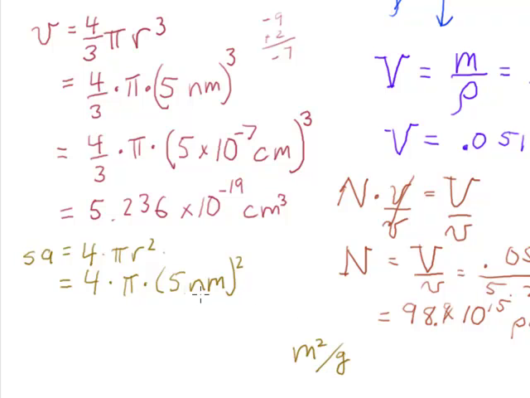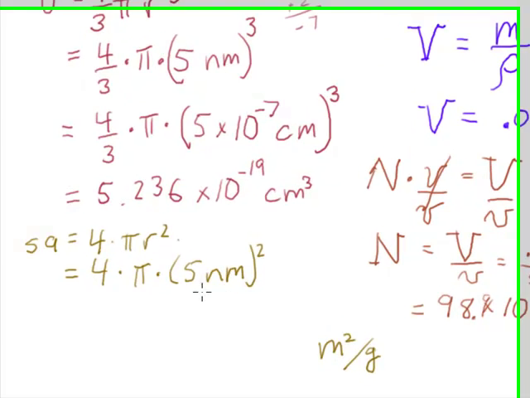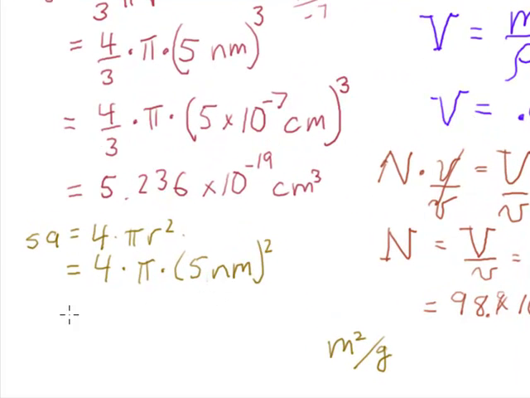This time I went from nanometers to centimeters, and it was 10 to the minus 7. This time I'm going to want to convert these units to meters, and that'll make it easier for me to do the calculation. So it comes out to be 4 times pi times 5 times 10 to the minus 9 meters, and that whole thing is going to get squared.